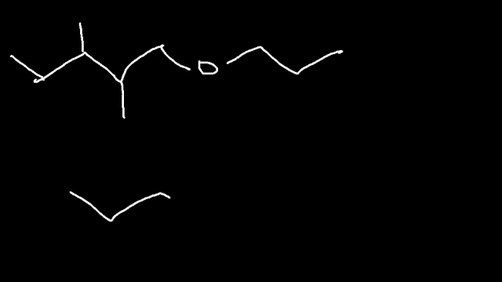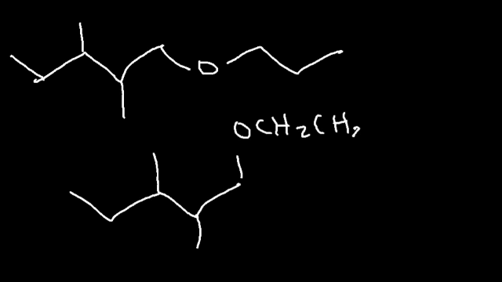So now let's say if you get an ether that looks like that, how would you name it? So draw the longest chain, which is this group, and on the first carbon we have, instead of a methoxy or ethoxy, a propoxy group because there's 3 carbons on the right side, 1, 2, 3.